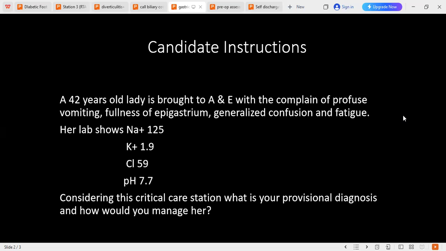I will take care of her airway first. If compromised, I would first of all call for help. If the patient is unstable, I would ask the name of the patient.